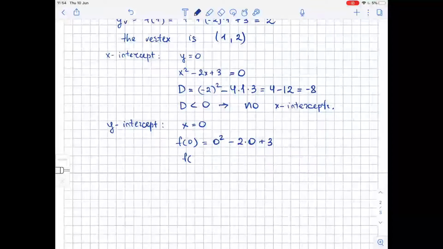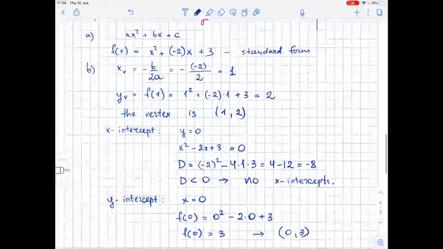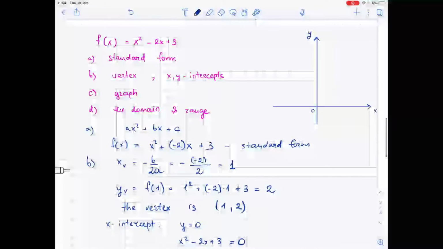So we get that f of 0 equals 3. So that means that the y-intercept is at the point with coordinates 0 and 3. Great, now we move on to part C.